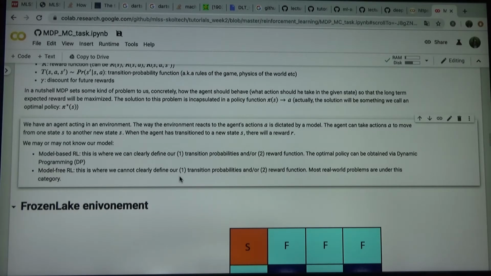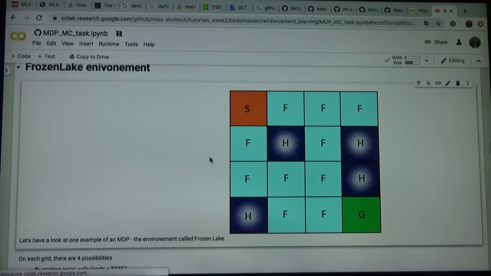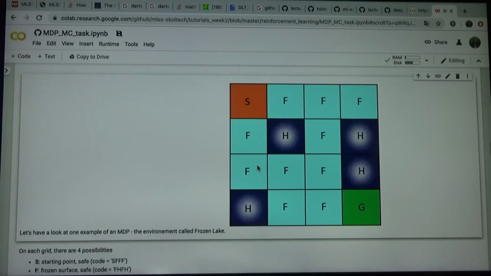And the other is model-free reinforcement learning, which is much closer to the real world. We don't really know the transition probability function, we don't really know the reward function. Yeah, I hope we will cover it also today. So let's get to the point.